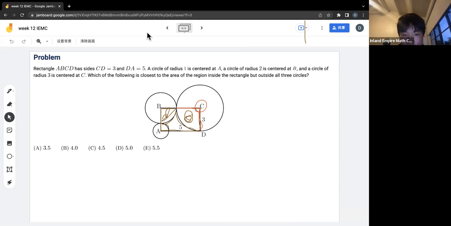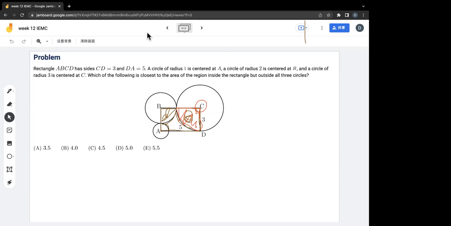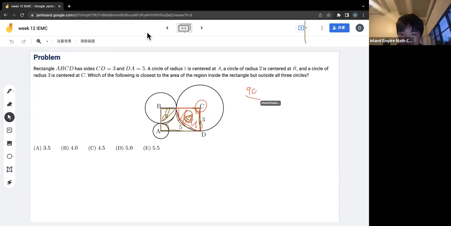Which means that if this sector, which is what this is called, this quarter of the circle, has an angle of 90 degrees, its portion of the total area is going to be 90 over 360. Does that make sense to everyone?